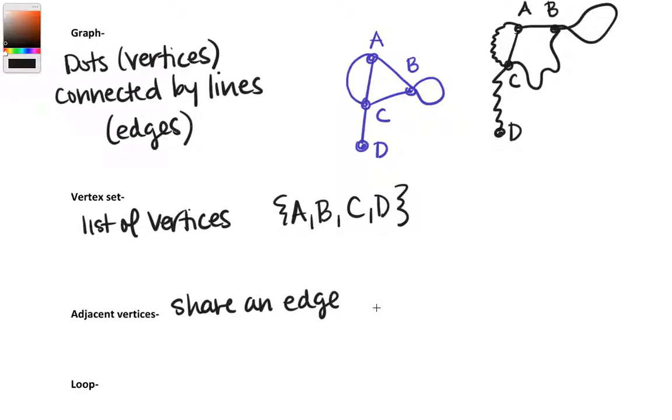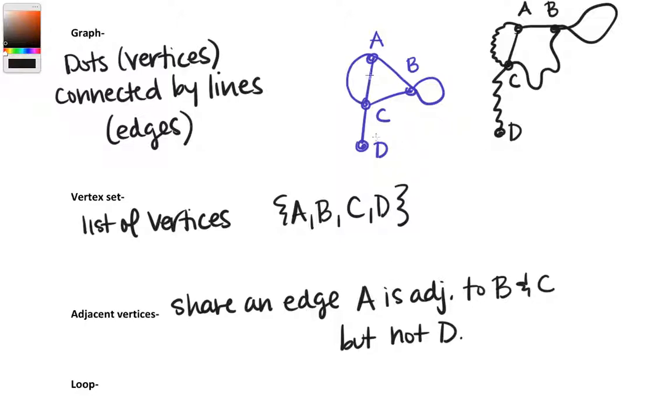So for instance, in this purple graph, A is adjacent to B because they share an edge. And A is adjacent to C because A and C share an edge, but it's not adjacent to D because A and D aren't connected by an edge.